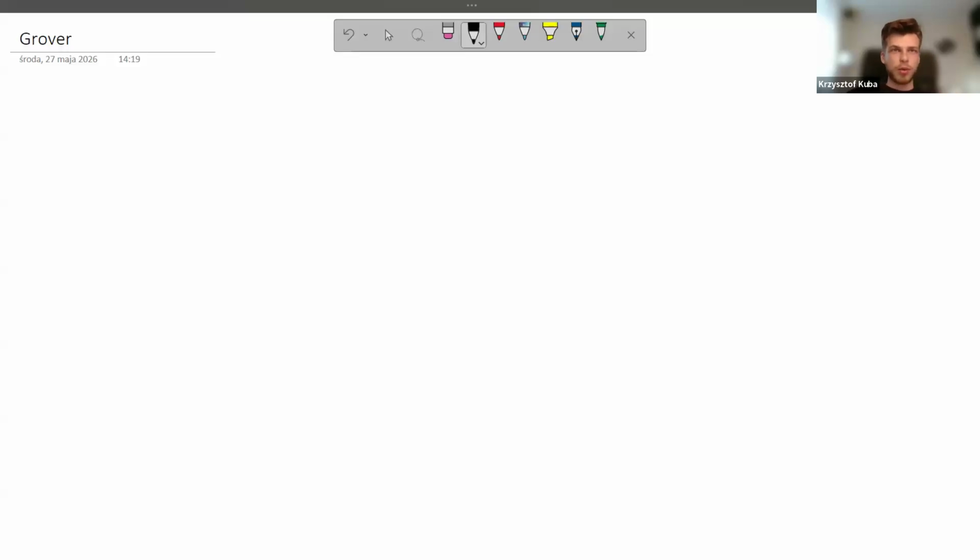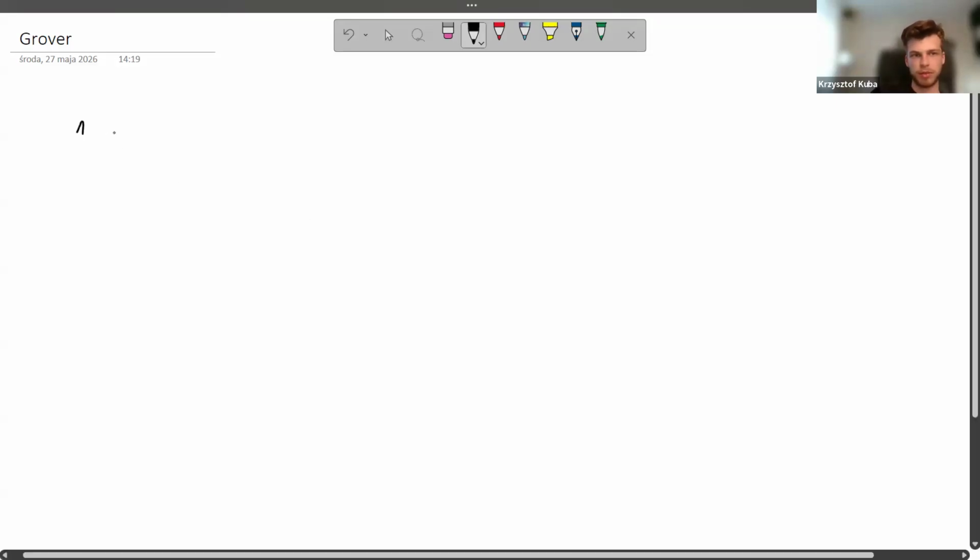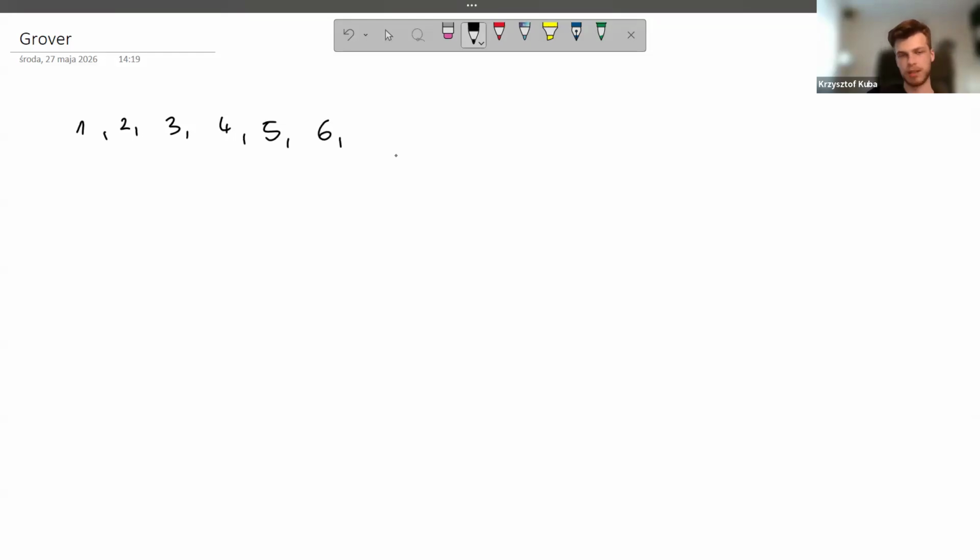So Grover is designed for search. If you have a list, let's say a database with some numbers like 1, 2, 3, 4, 5, 6, and more, and you would like to find a secret value, which is your key.